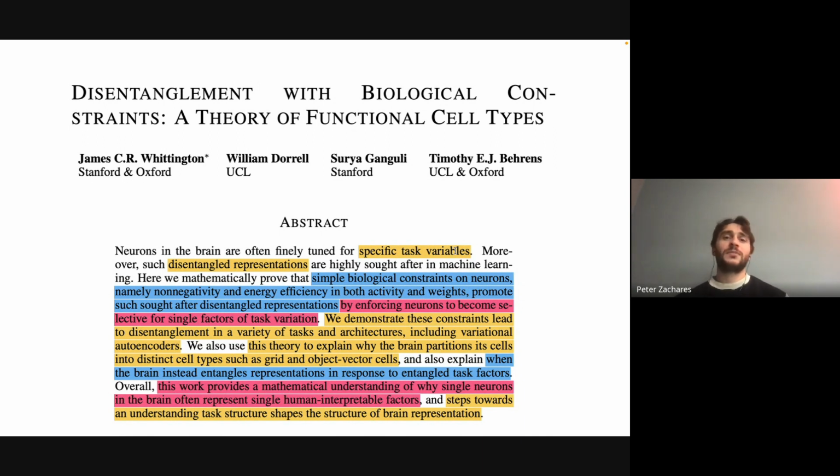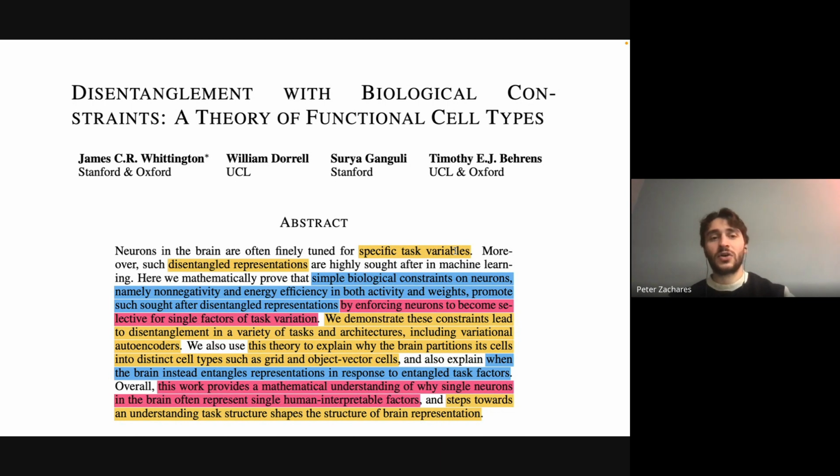And so this paper is about disentanglement. And what's really interesting about it is that they take these two constraints that they've identified in how neurons work, and they first do some proofs with these two constraints, showing that if you use these two constraints to train models, then the optimal solution will lead to a disentangled internal representation.